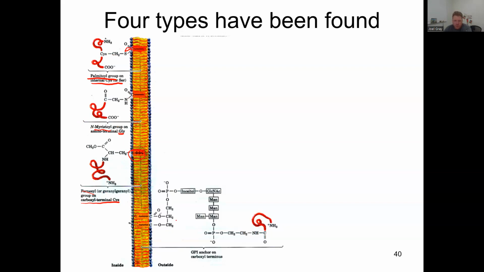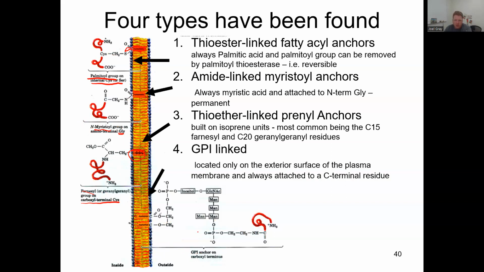And then finally, this fourth one at the bottom, are GPI linkages, which are much more complicated. These are linkages that associate a protein with a membrane on the outside. So I want you to know the amino acids: serine, glycine, cysteine, and the corresponding group: palmitoyl, myristoyl, and farnesyl.